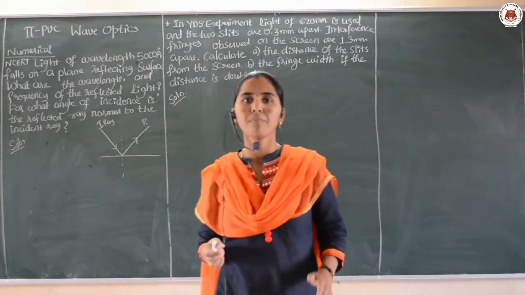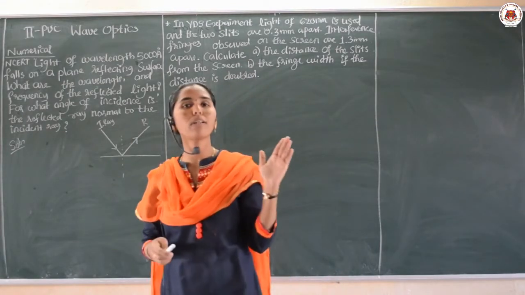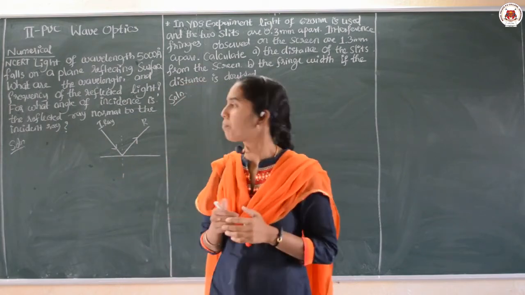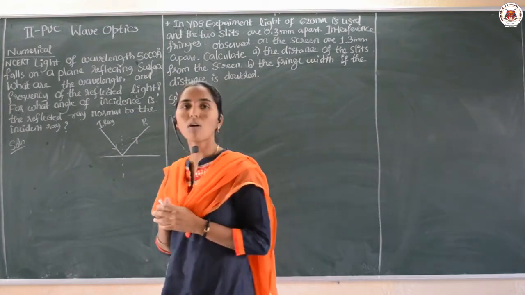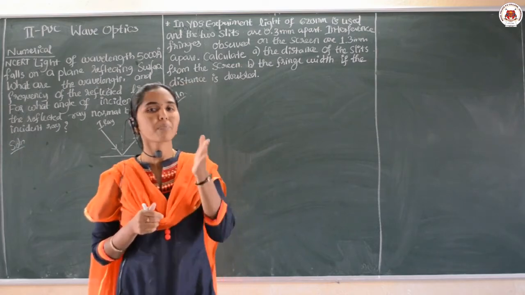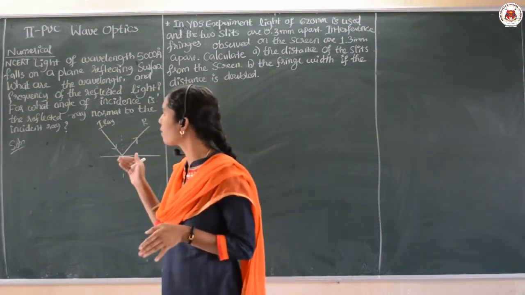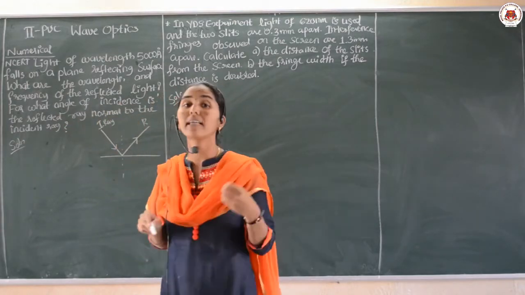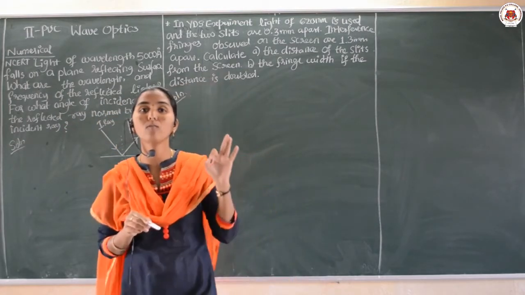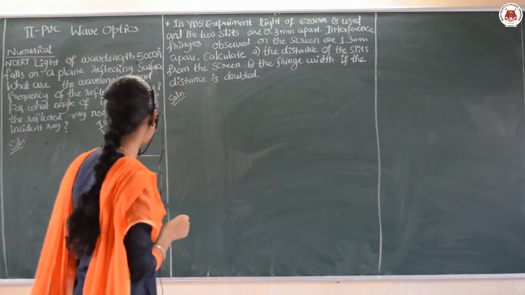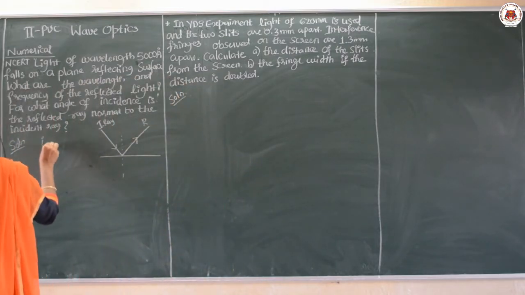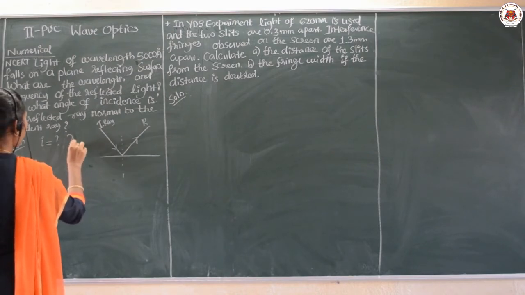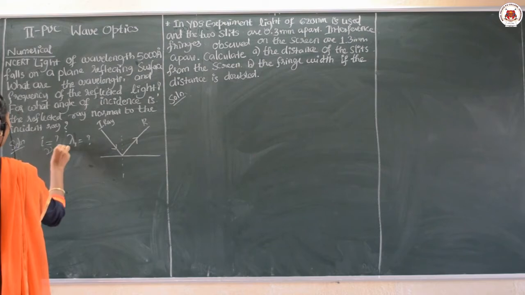If they are normal, how much angle is between them? 90 degree. So we need to calculate the incident angle here. Write down: I have to calculate the incident angle, the wavelength lambda dash or lambda 1, and the frequency.